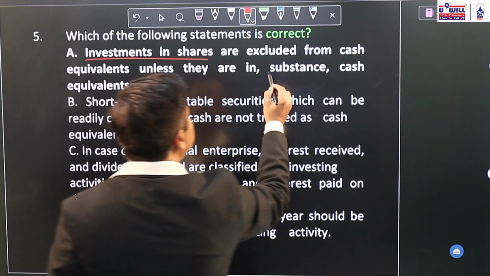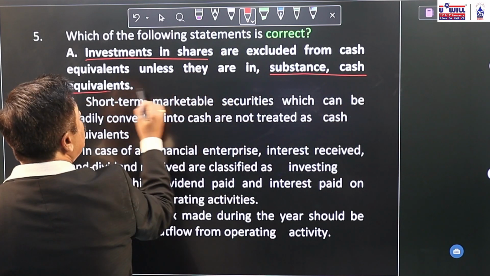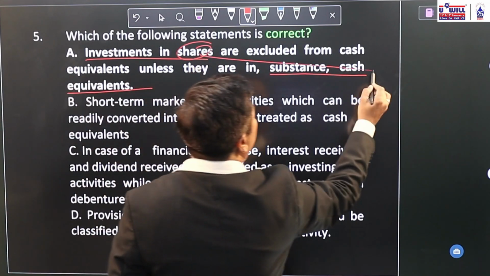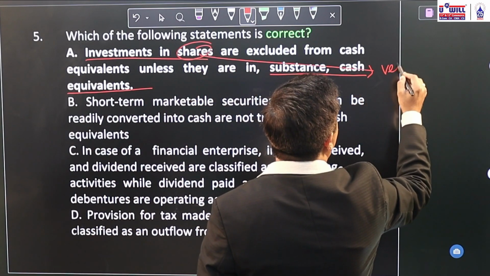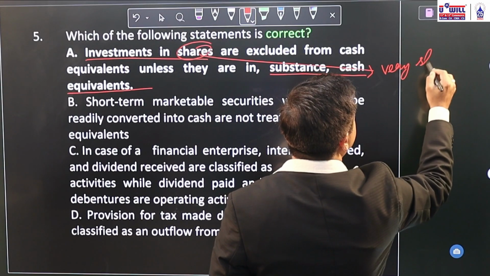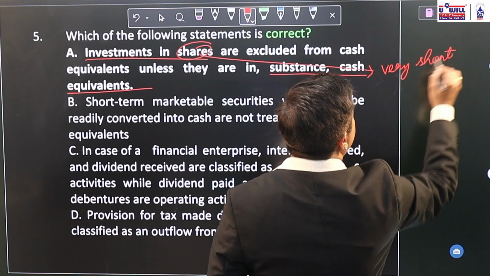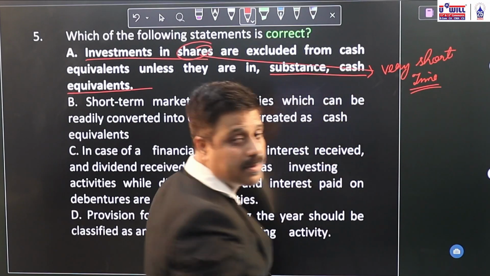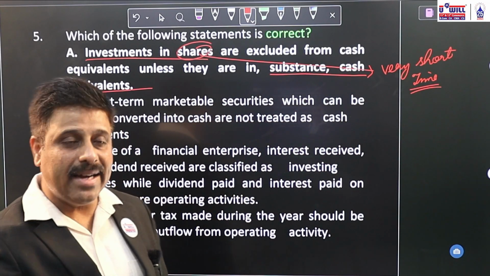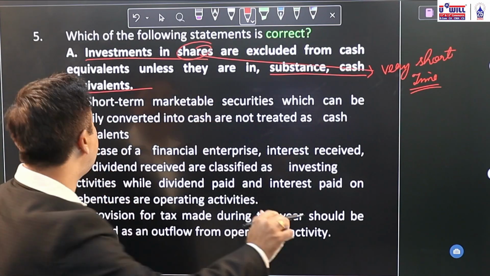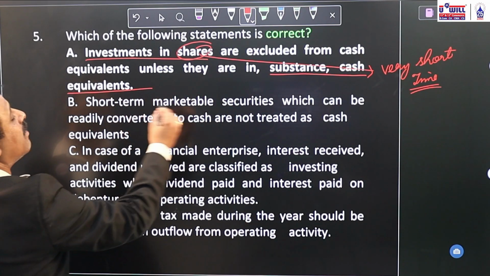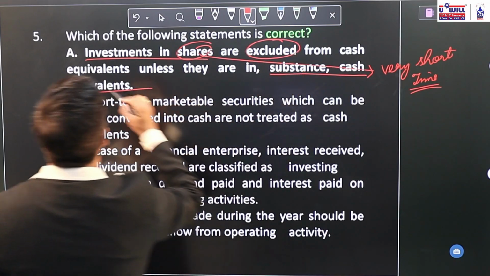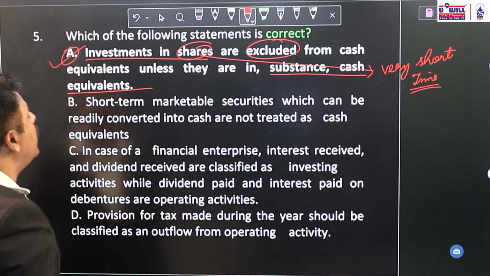Unless, when are they in substance cash equivalents? When you make these investments for a very short period of time. Very short period of time means they are included in current investments. So if they are included in current investments, then only they are part of cash equivalents. Otherwise, they are excluded from cash equivalents. So this statement is definitely correct.